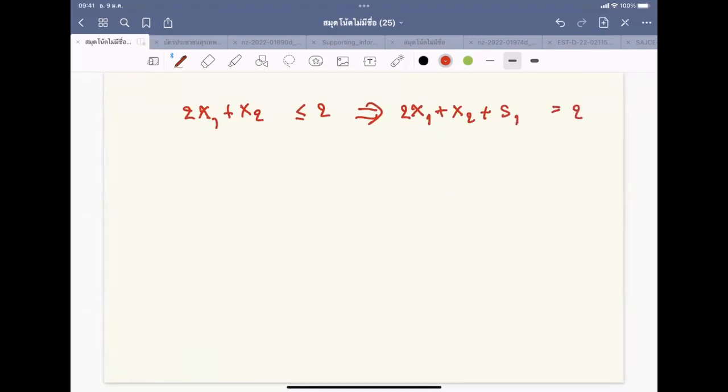Because this side is less than or equal to this one, so if you add any non-negative variable, you can transform the less than or equal to into equal, right? Yes, sir, I got you. Yeah. So we also have this.